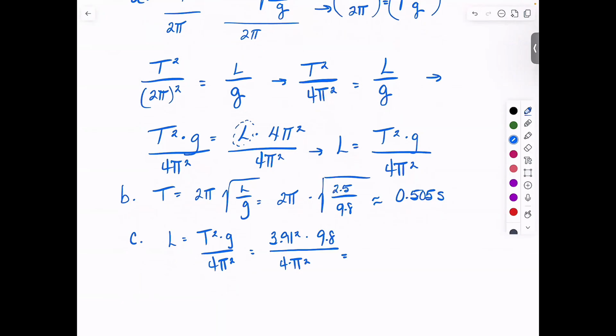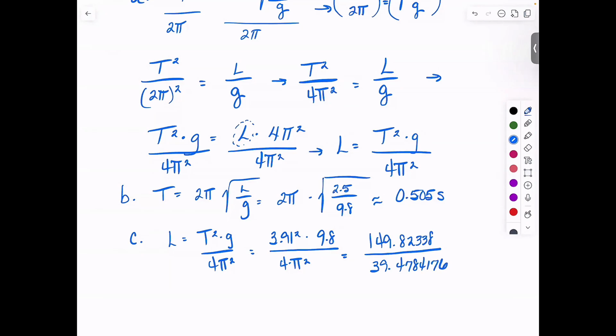So 3.91, we square that, times 9.8, we'll get roughly 149.82338. That's exactly what's in the calculator. And then 4 times pi squared gives me 39.4784176.